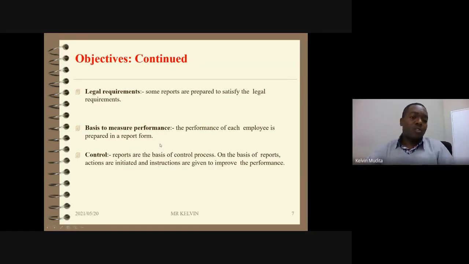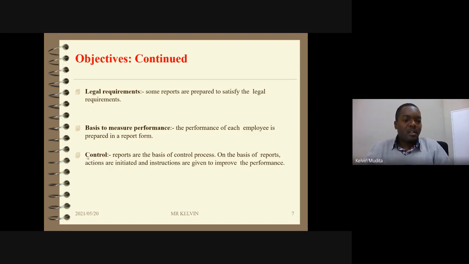Then also, we write reports to measure our performance as an organization. Then also for control purposes. By control in business, we mean we are measuring our outcomes versus what we have planned.